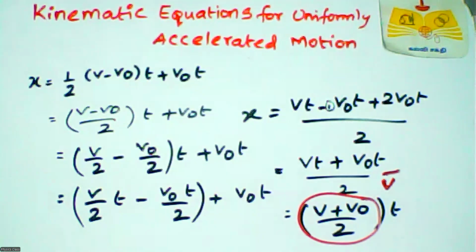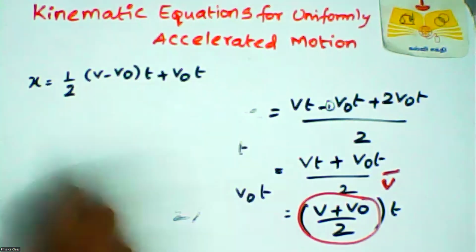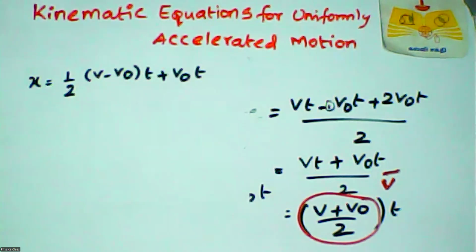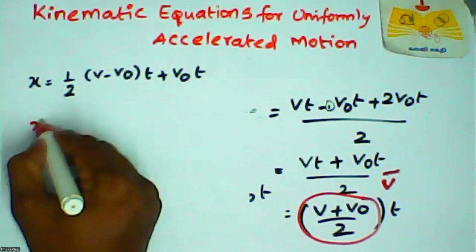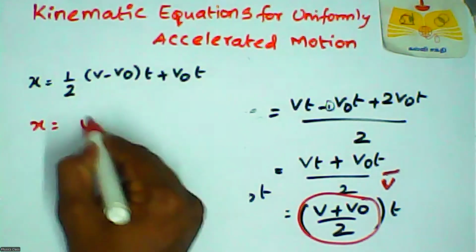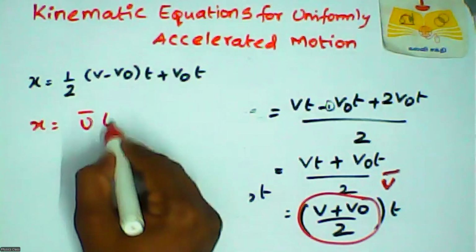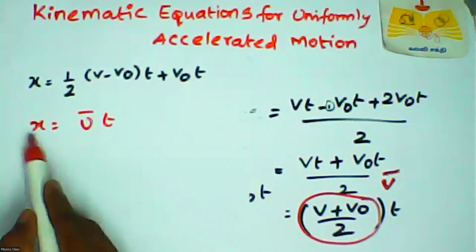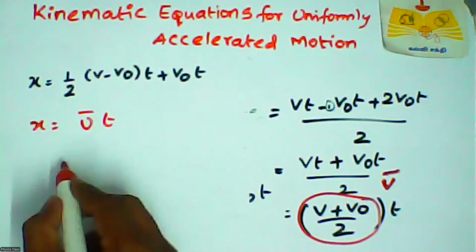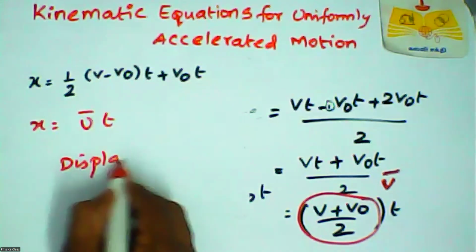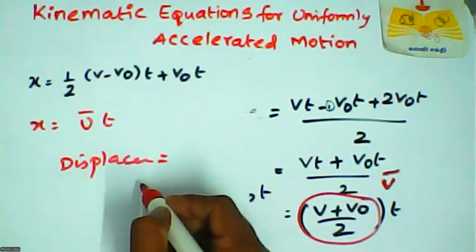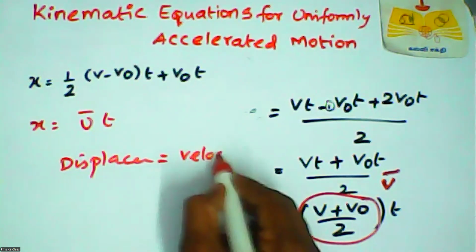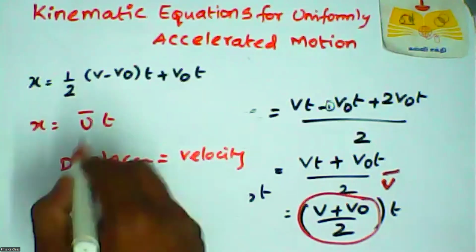So we can write x is equal to average velocity into time. Already you know that displacement means velocity into time, because velocity equals displacement by time.